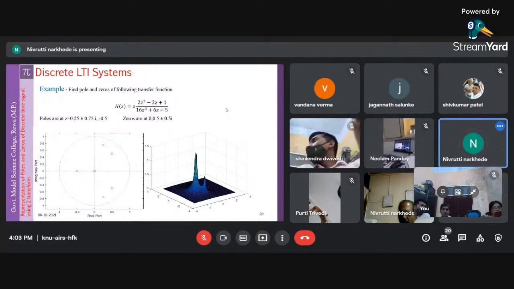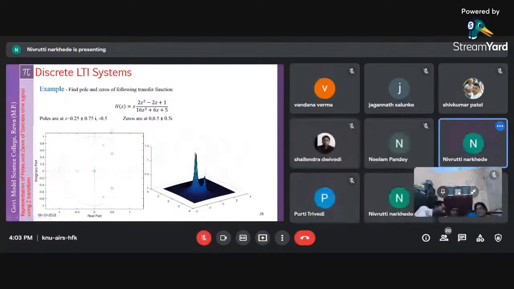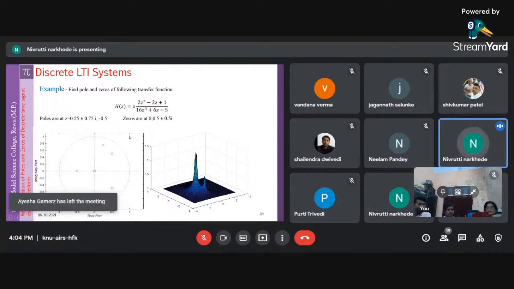It lies on the negative x-axis at minus 0.5, and the 2 complex poles are marked by crosses, at 0.25 plus or minus 0.75 i. The graphical picture of these poles and zeros we observe at the neighboring.